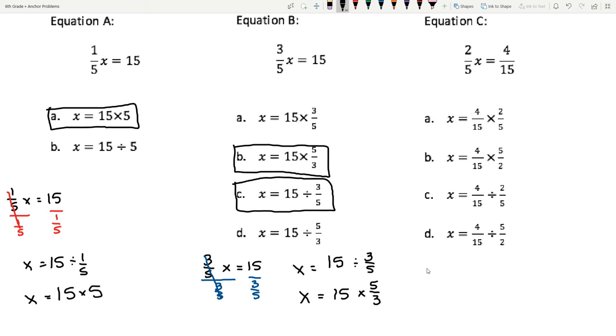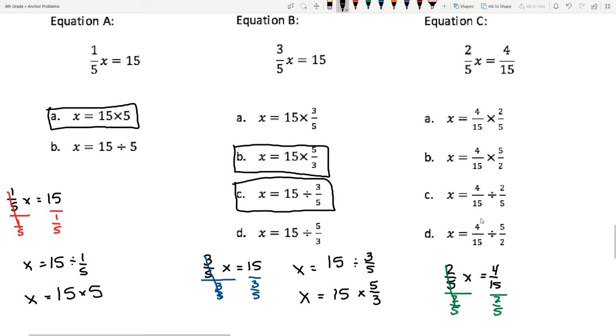Let's look at one more, at least. 2/5 times x equals 4/15. And again, if we divide by 2/5 on both sides here, what ends up happening is 2/5 divided by 2/5 is 1.